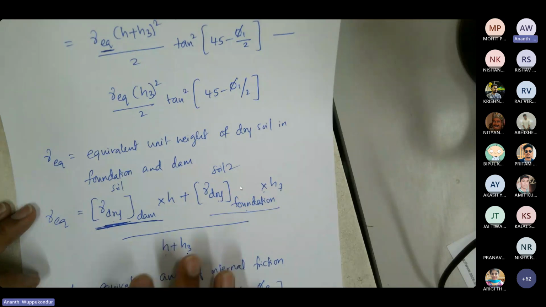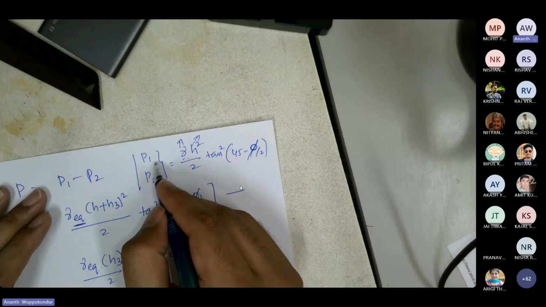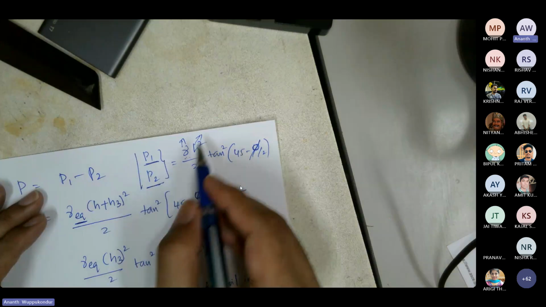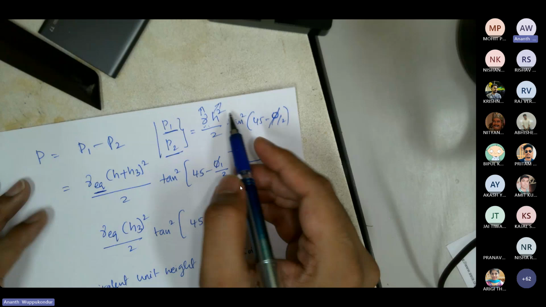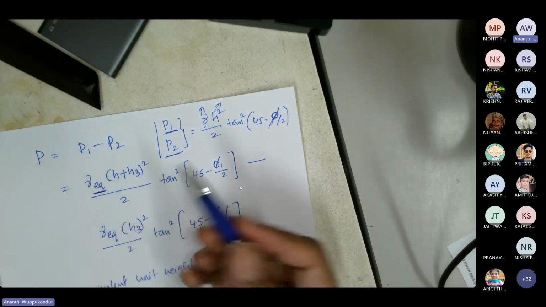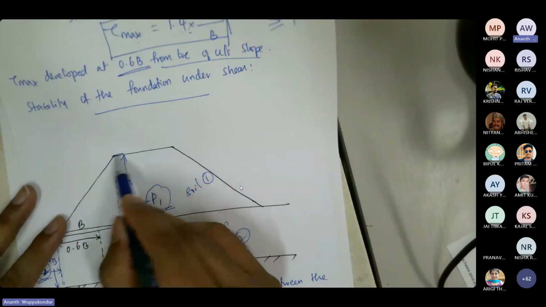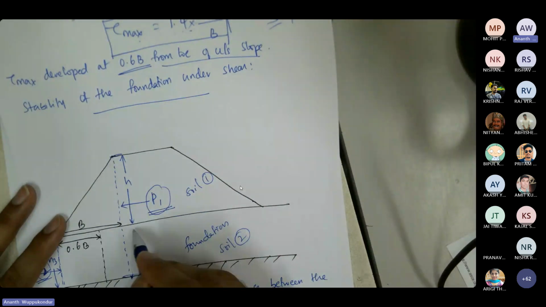So we are going to use gamma equivalent to calculate the forces P1 and P2. So P1 would be gamma equivalent multiplied by (h plus h3) squared by 2, because we are considering the total height from the top of the embankment to the base of the foundation. So this is h3.